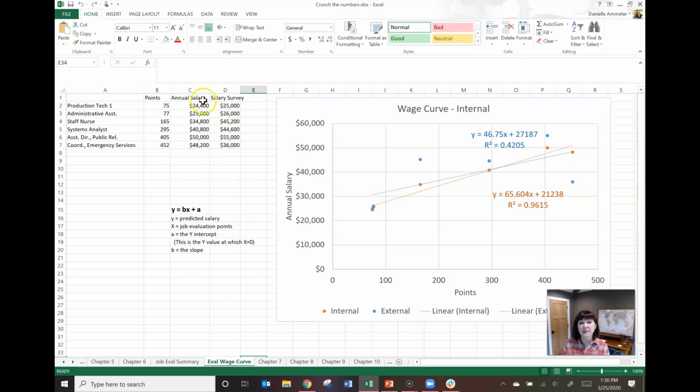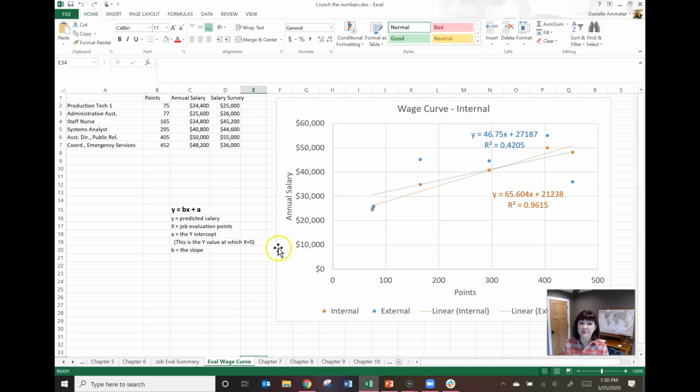So here is the internal annual salary. This is what we pay for these different jobs. This is the external. So this is looking at the salary survey. How much does the market pay for these jobs? So I have put that in a chart here. So we have our internal job evaluation points here. So that's what this is. We're looking at our internal structure.